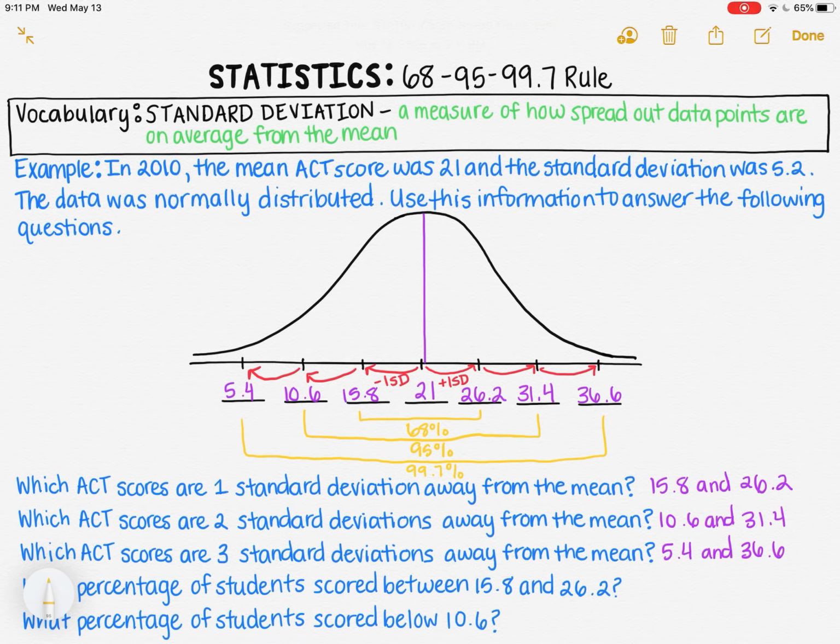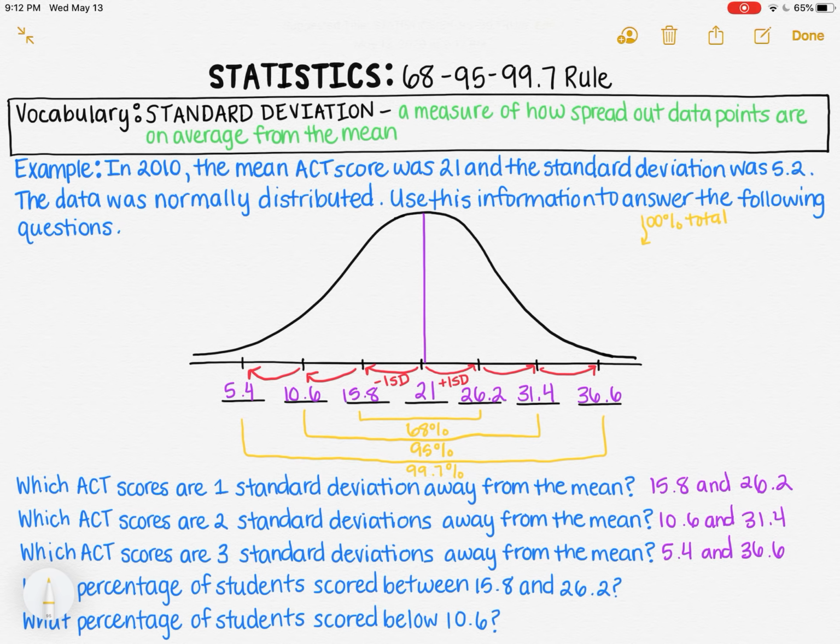That's because we still have those little sections on the left and the right, the small part of the curve. And if we included everything under the curve, that would give us 100%. So it's important to remember that the curve overall, if you add up all the percentages, should give us 100%. But right now we're just talking about how many people are within each standard deviation.